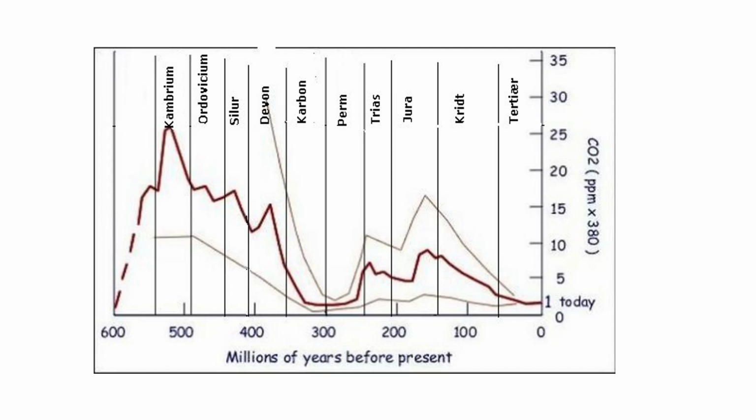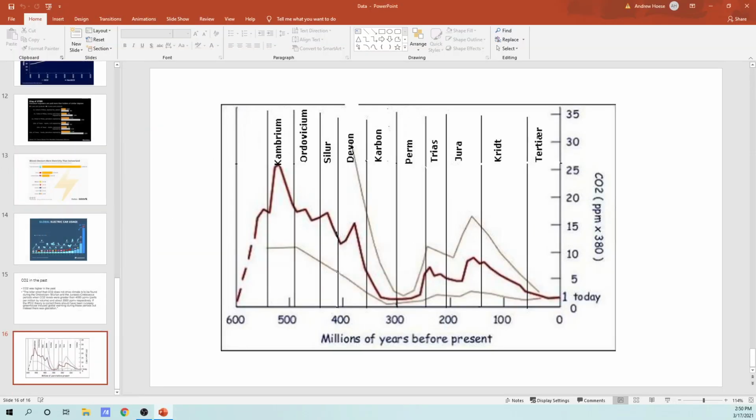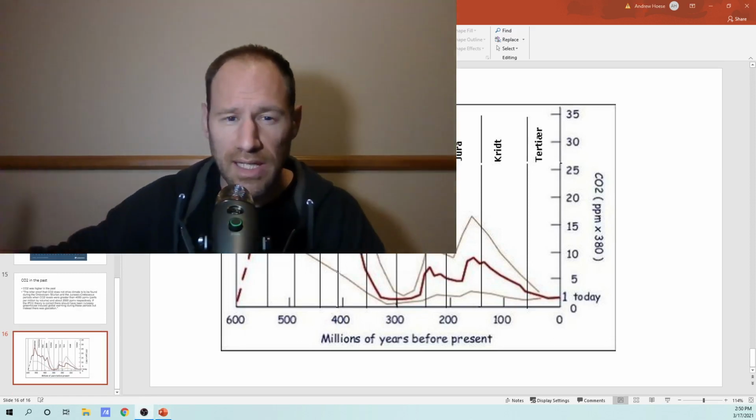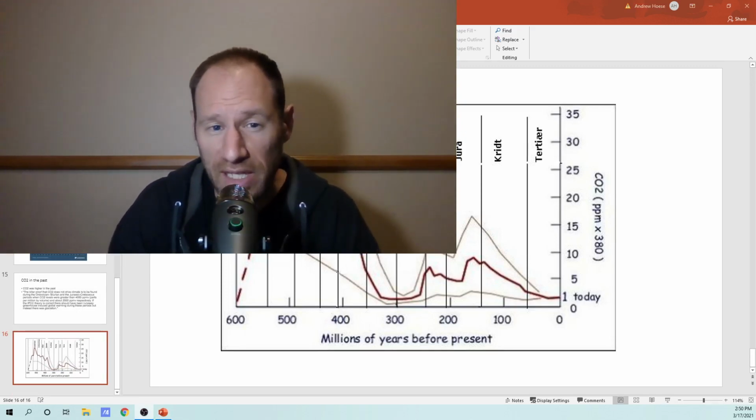This is a chart of that. This is where we are today. This is the CO2 level here, absolutely far higher than what it is today in relationship to history. And they didn't have any problems with their Earth at that time. And remember, there's also solar output that we need to look at as well. I don't know if CO2 is as important as most people think it is.